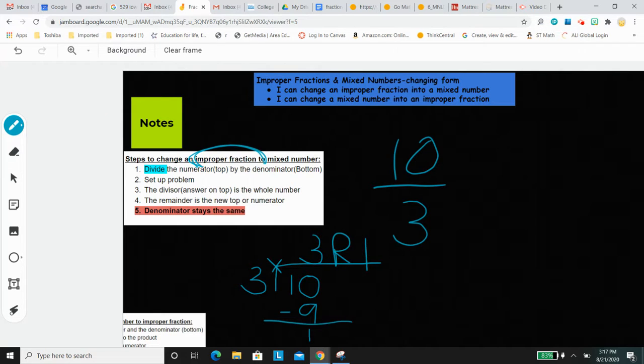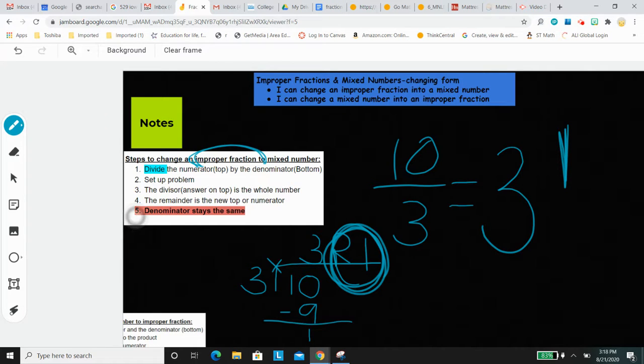Now, step 3 says the divisor, which is this 3 here, the answer on the top is the whole number. So 10 over 3, or 10 thirds, is the same as 3 whole. And then the remainder is going to become my new numerator on the top.